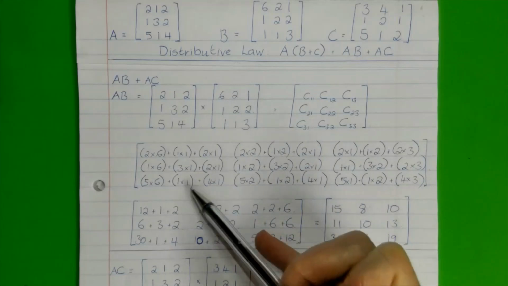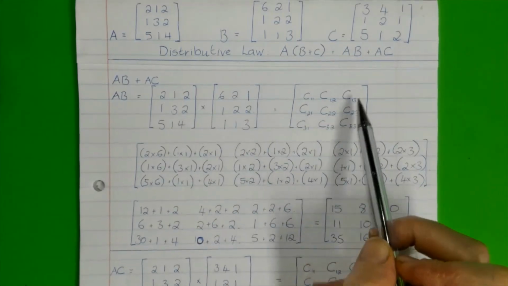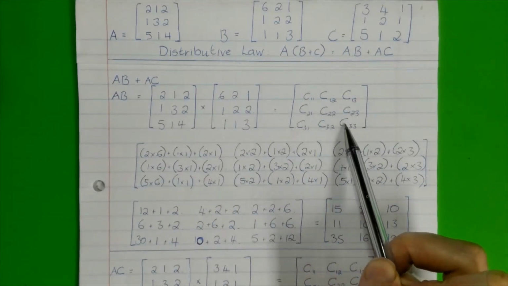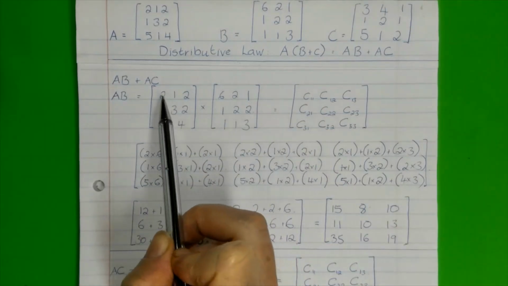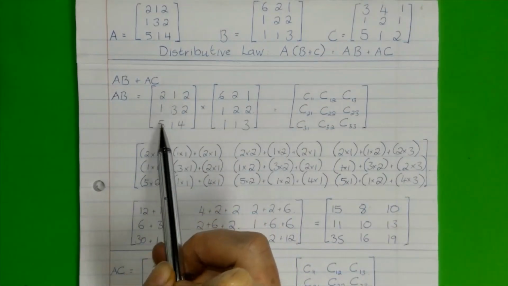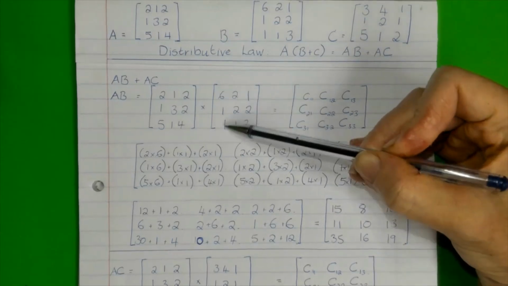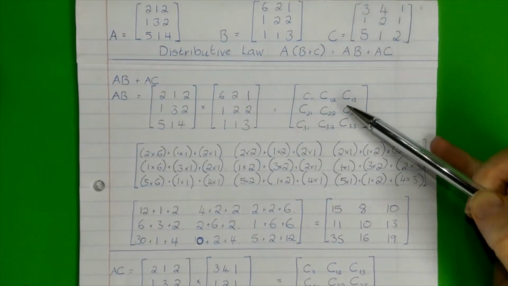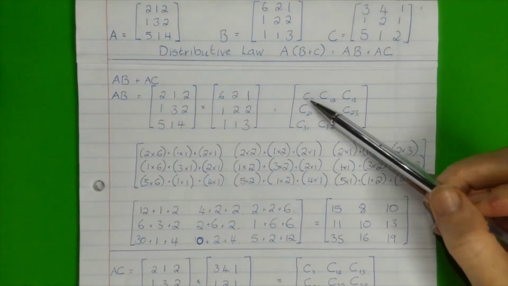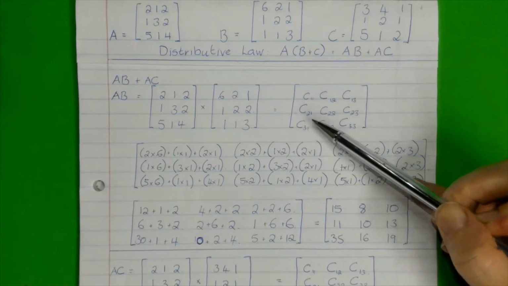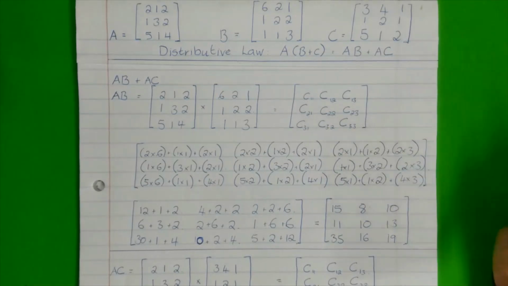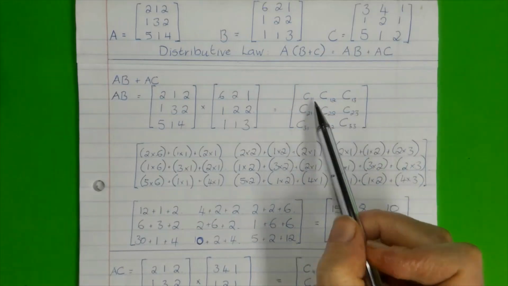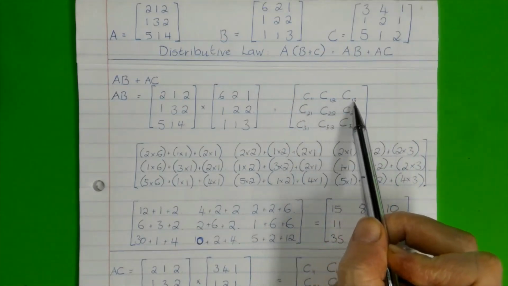What we can also tell is that the product matrix will have the same number of rows as the lead matrix, which is 3, and the same number of columns as the lag matrix, which is also 3. If we denote the elements of the product matrix using C, the subscript gives two numbers.